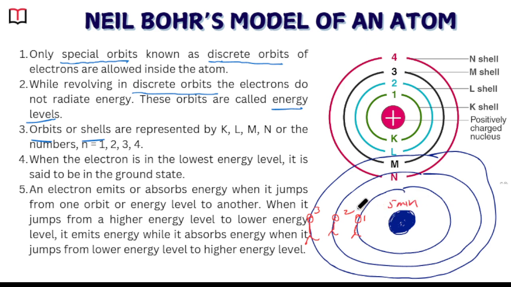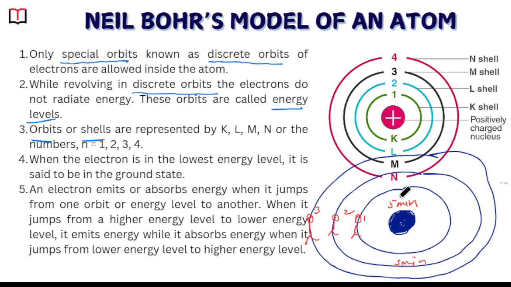If the second runner is to complete his circle in 5 minutes, he has to cover a longer path, correct? So he requires more energy. Similarly, if the third runner wants to complete his circle in the same time period, he will require even more energy because the outer circle has a longer path.